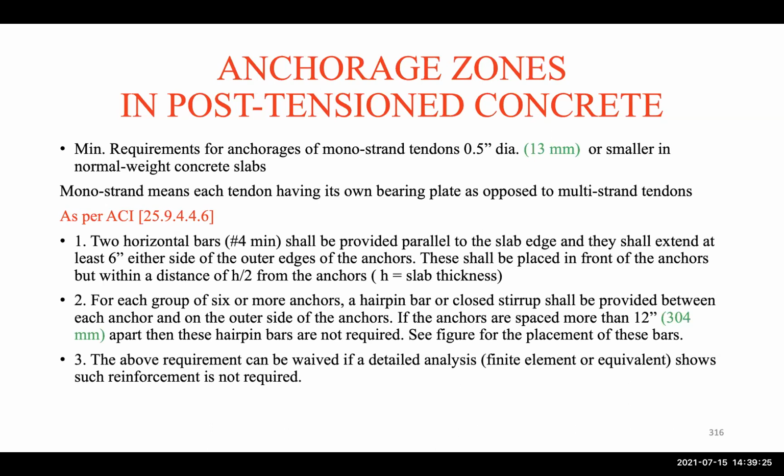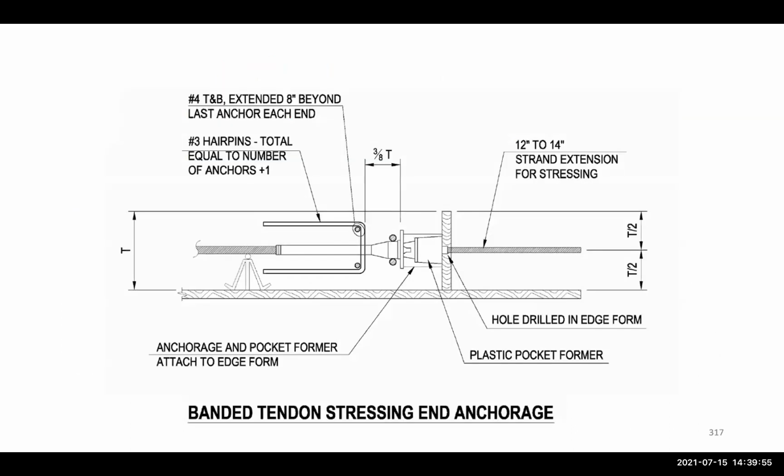So we have requirements like that. And then for each group of 6 or more anchors, hairpin bars or closed stirrups can be used in that area to take that force. We will see some details for that. Now, these requirements can be waived if detailed analysis shows that this reinforcement is not required.